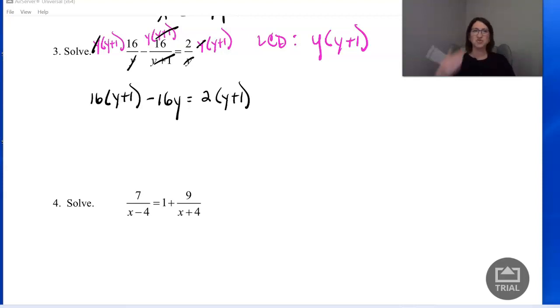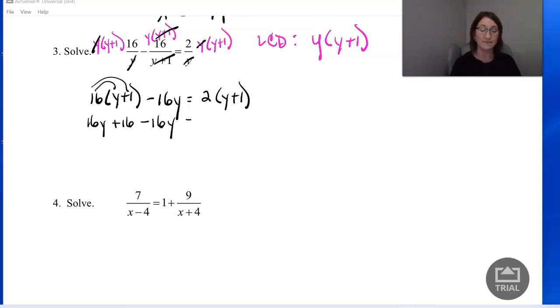So I'm going to distribute, first on the left, distribute the 16. So I get 16y plus 16 minus 16y. Now on the right of my equal sign, I distribute that 2 and get 2y plus 2.